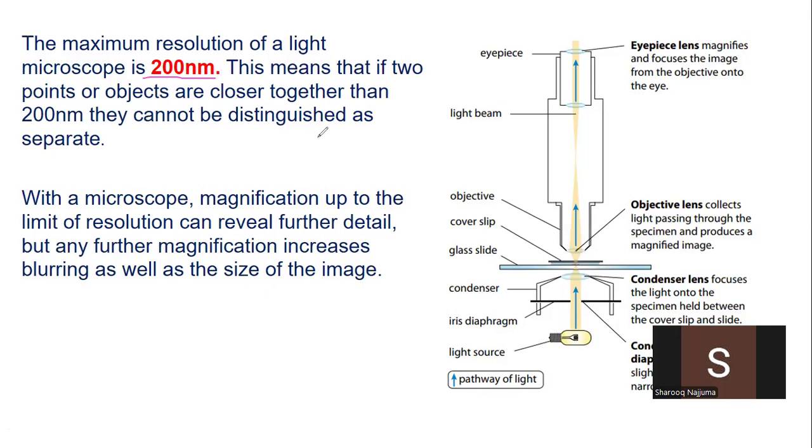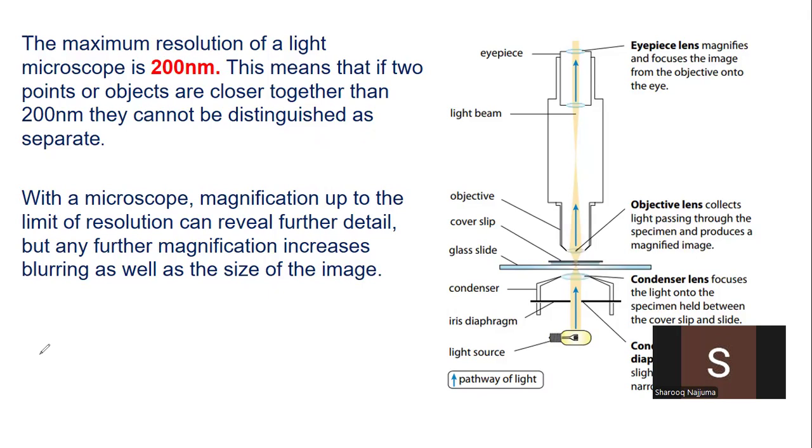It also means that if objects are close together and the distance between them is smaller than 200 nanometers, the light microscope will show you as if those two objects are the same thing. It will not be able to see them as separate, just like from the previous slide that we have seen.